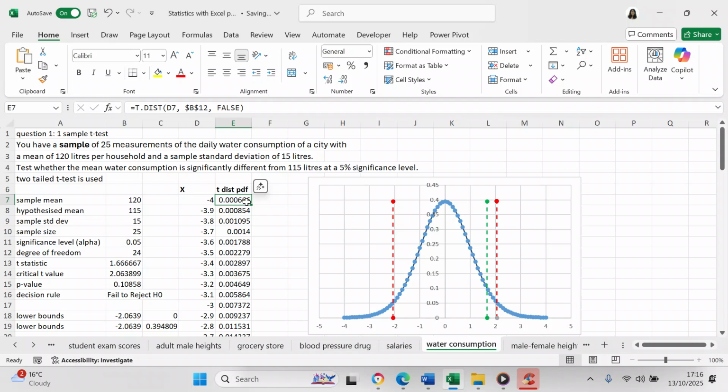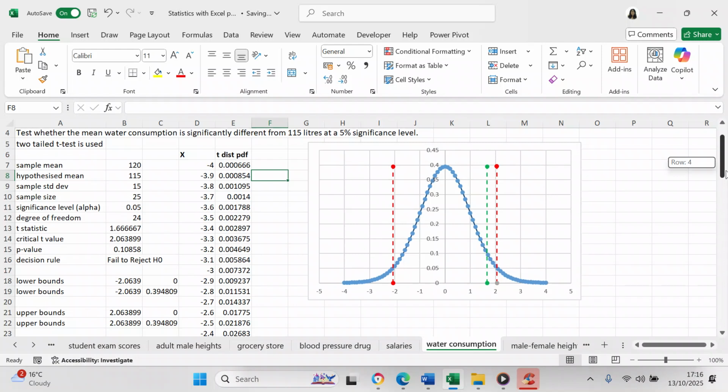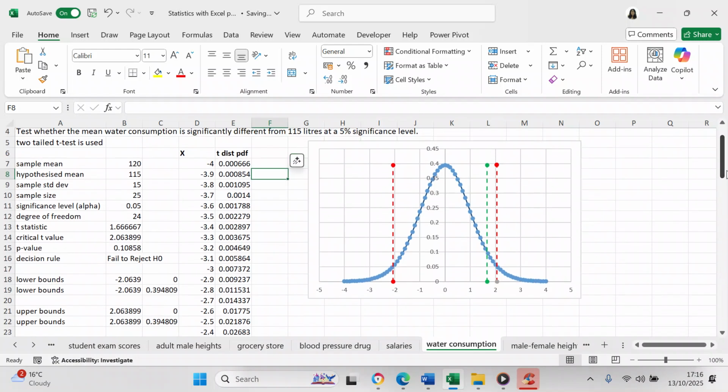Brackets D7 and that's your -4, comma, B12, and B12 is your degree of freedom, so that's 24, and then that's FALSE. So FALSE indicates that you get a P here. And so what we have done is we have created a diagram of the question that we're looking for.